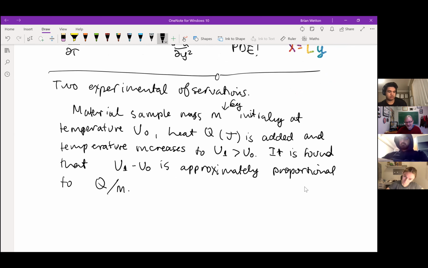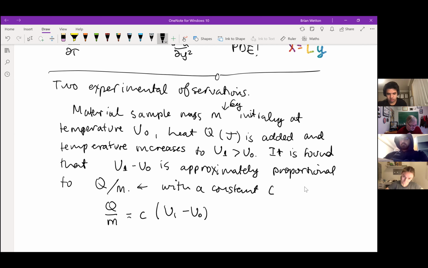If you've got more mass, you have to add more heat to raise it up the same amount. And if you add more heat, you can heat it up more. So let's express this with a constant C. Q divided by M is C times U1 minus U0.